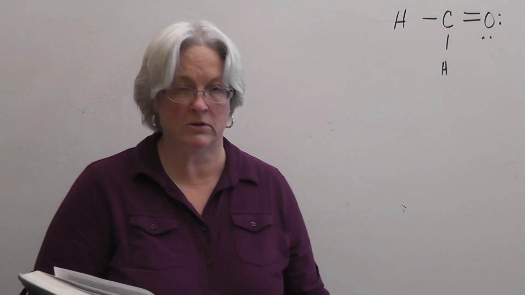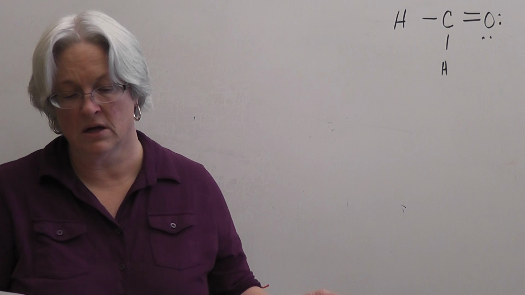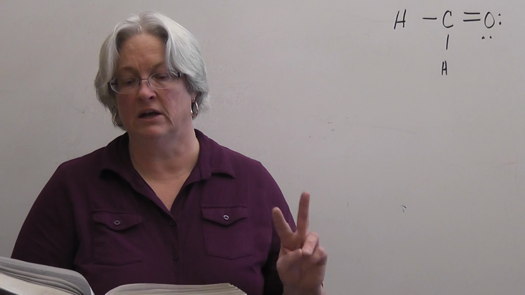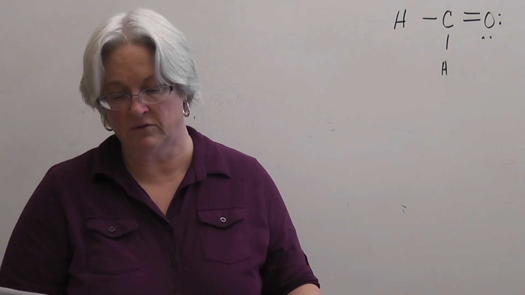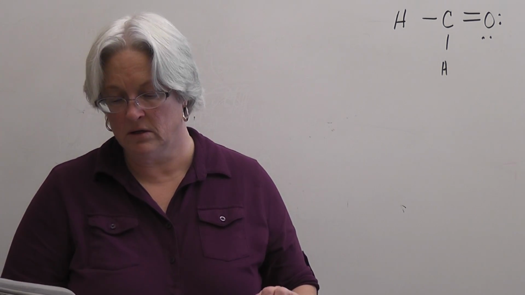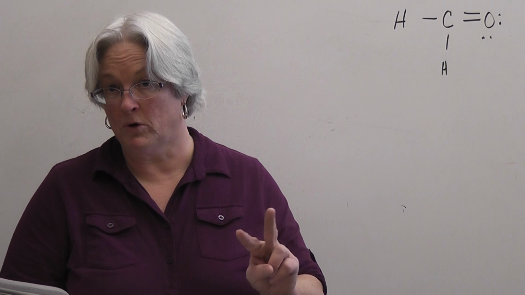You have acetate, C2H3O2, has a -1 charge. Cyanide, CN, has a -1. Carbonate, CO3, is a -2. Chromate, CrO4, is a -2. Dichromate, Cr2O7. You think, oh, that's just a multiple of it. Well, it's not, is it?